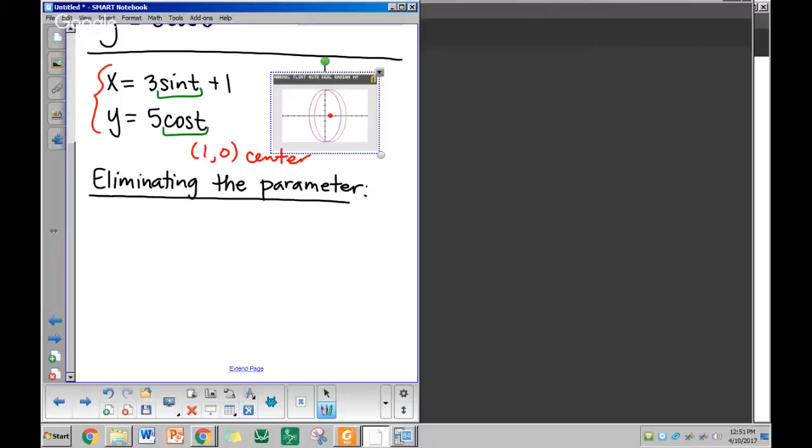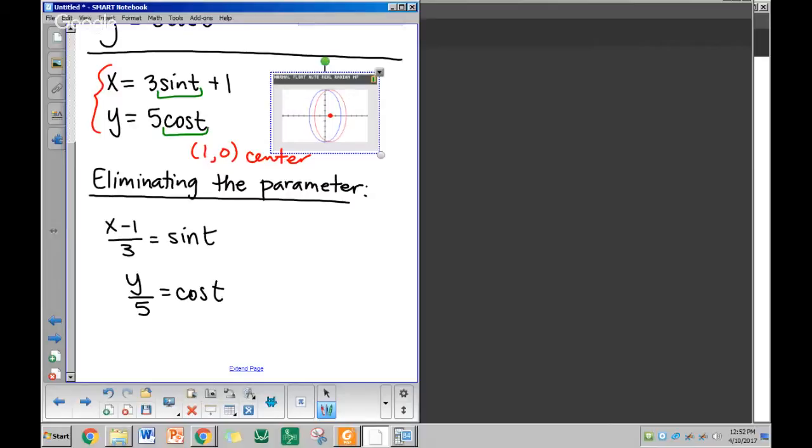Because when you get them alone, you square them. Yes, and something wonderful happens. That's right. So let's get them alone. So we're going to say this is x minus 1 over 3 equals sine of t. And this would be y over 5 equals cosine of t.